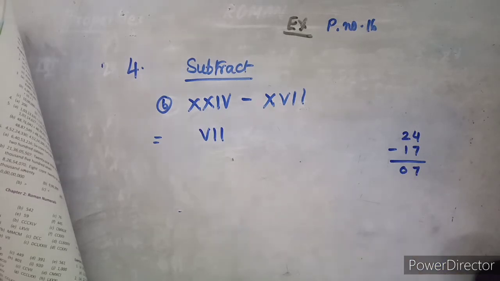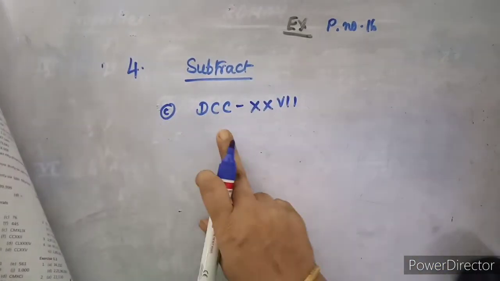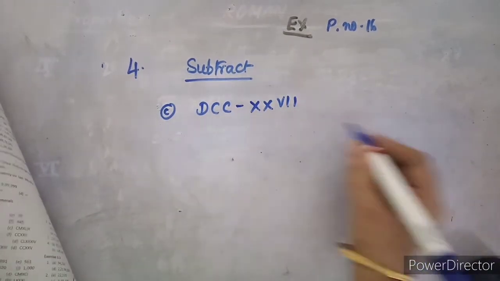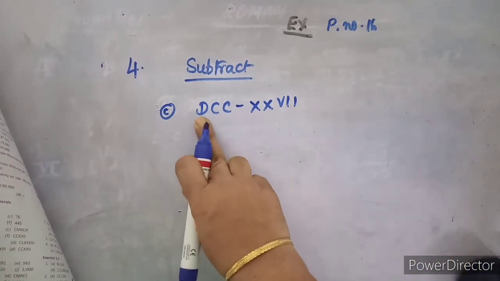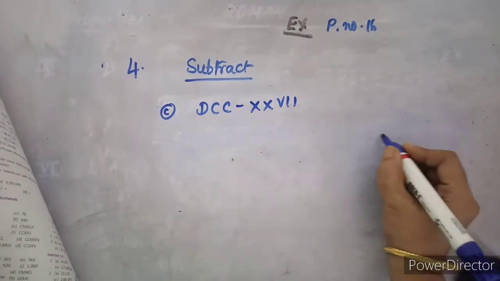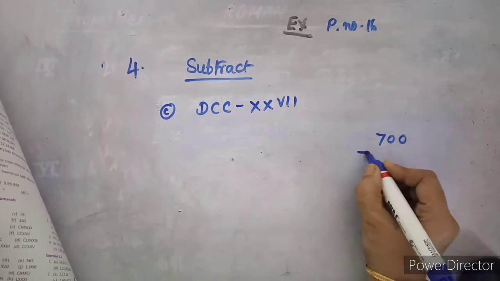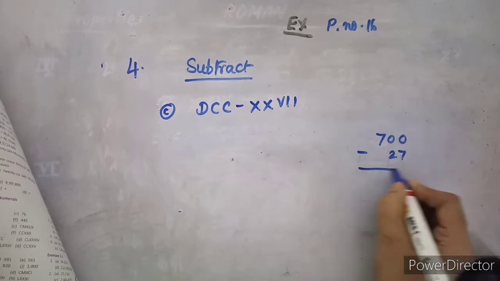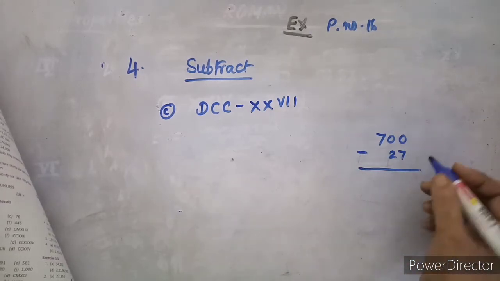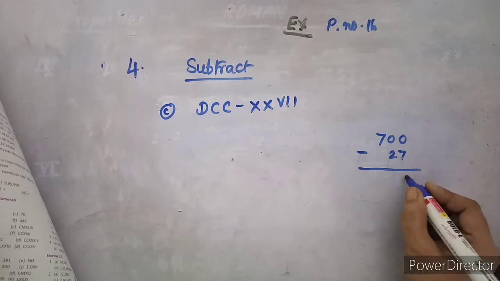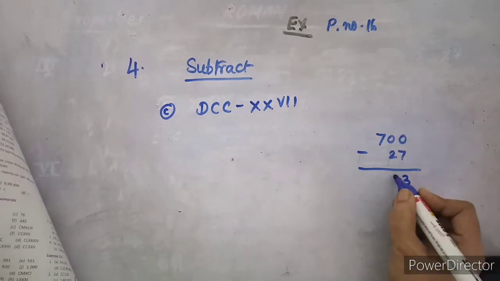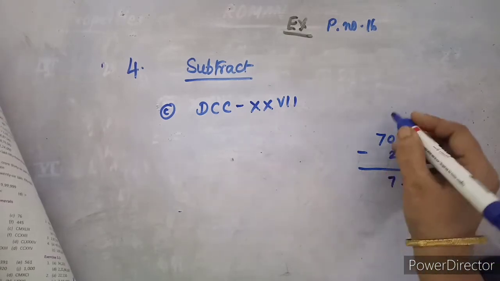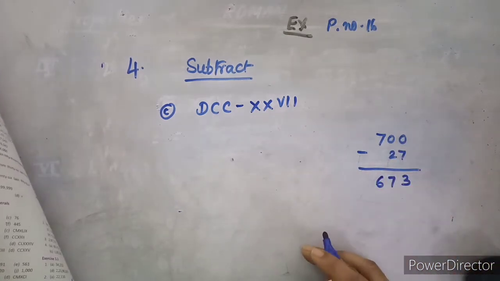Now go for C1. Now you have your DCC. DCC means what? 500, then 600, then 700. So your number is 700 minus 27. Now 10 minus 7 is 3. 9 minus 2 is 7. And then carry 1, so this will become 6, isn't it?